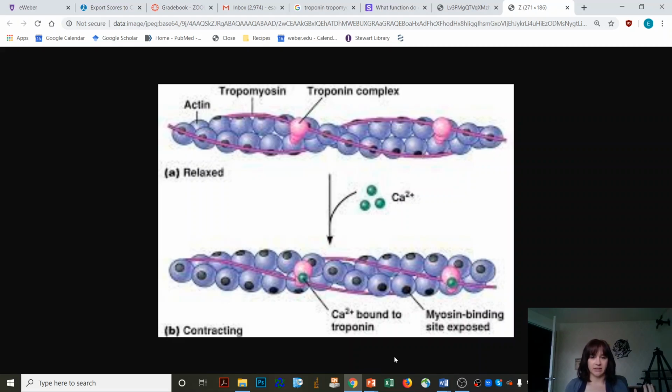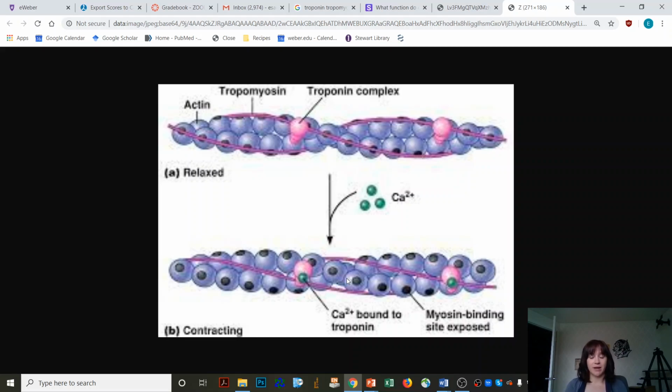We know we have actin that is getting pulled. What is it getting pulled by? It's getting pulled by myosin. Now myosin is not shown in this picture, but they do show where the myosin attaches, on these black spots. So that is the region of the actin that the myosin has to be able to bind to in order to contract.